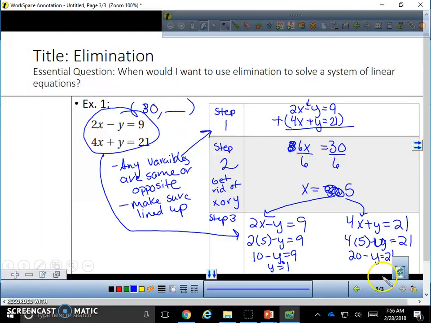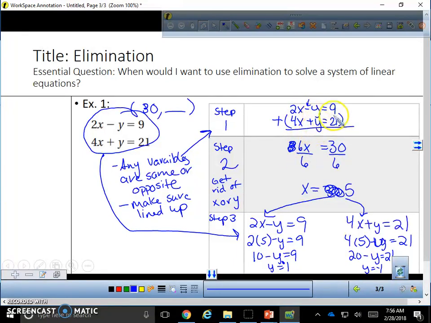Uh-oh, this one's negative 1. You see how I got a positive 1 here and I got a negative 1 here? I just need to go back and make sure all of my signs are okay to make sure that I did everything right. So I'm going to go back and look at all of my steps because this happens, okay? And here's what you do. 2 plus 4 is 6, in fact, yes.